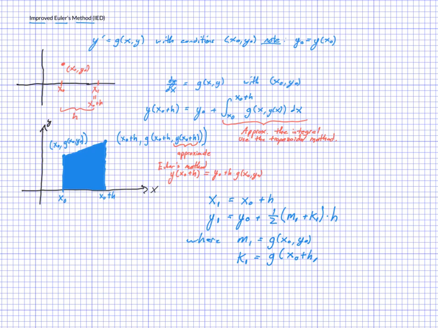So that's going to be x naught plus h comma y naught plus h times g of x naught comma y naught. You see, I made it a little bit easier because this is the height of the left-hand side and this is the height of the right-hand side where I used Euler's method to approximate. So again, that's Euler's method right there.